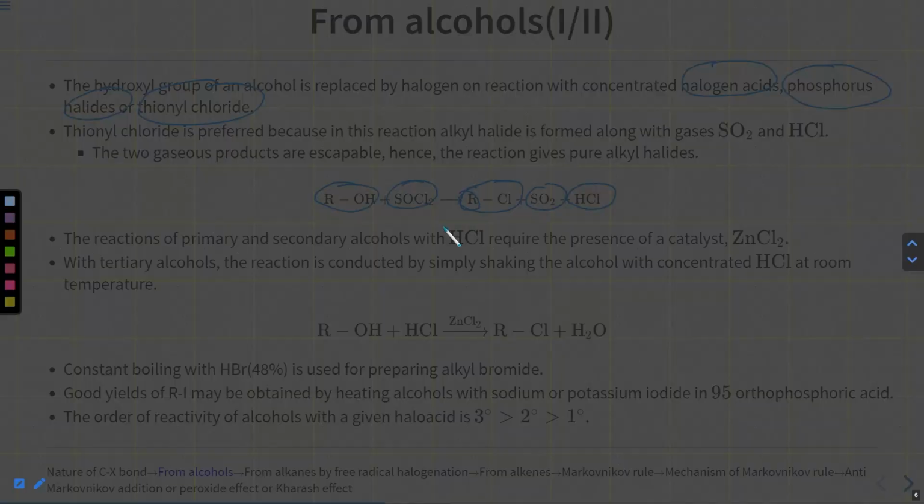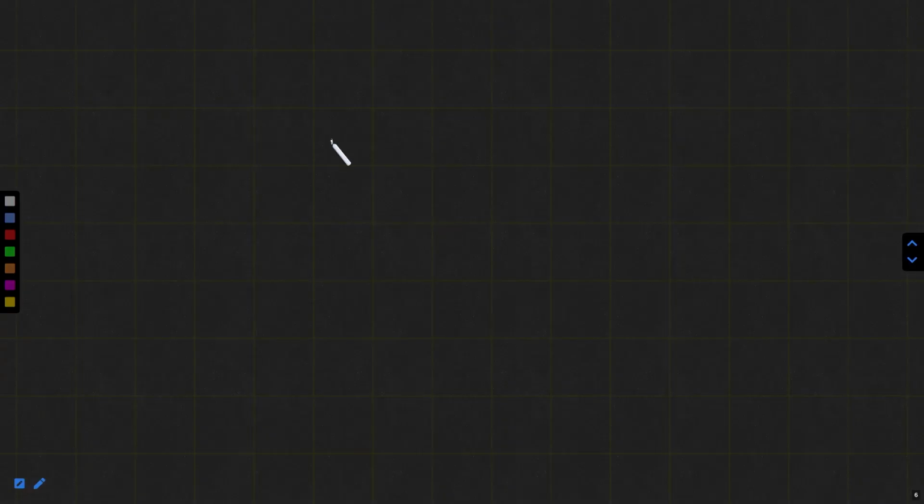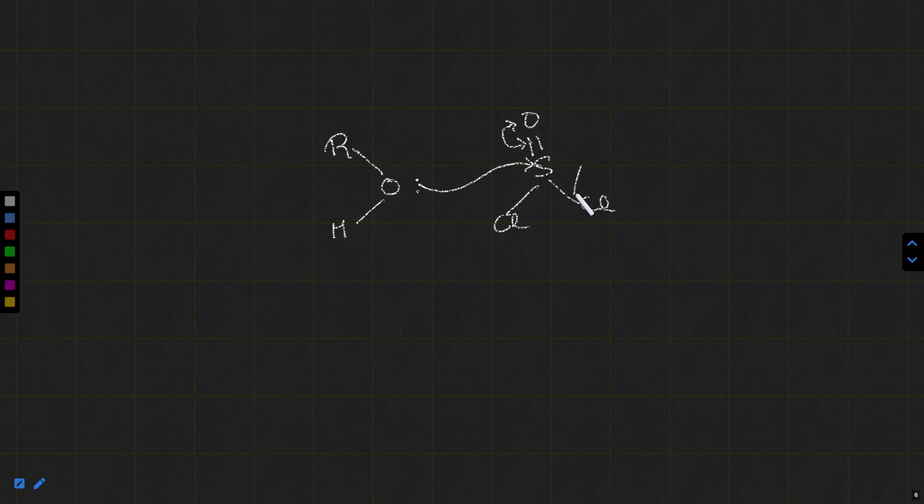So if you want to look at the mechanism, that would look like this. Say we have ROH and we have SOCl2. Now this lone pair will attack here. It will move here and revert back, and this Cl will be kicked out.